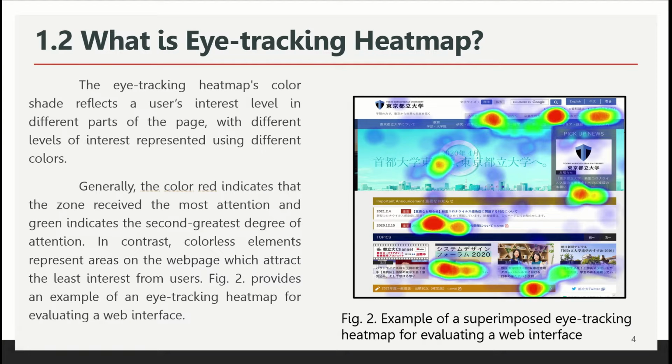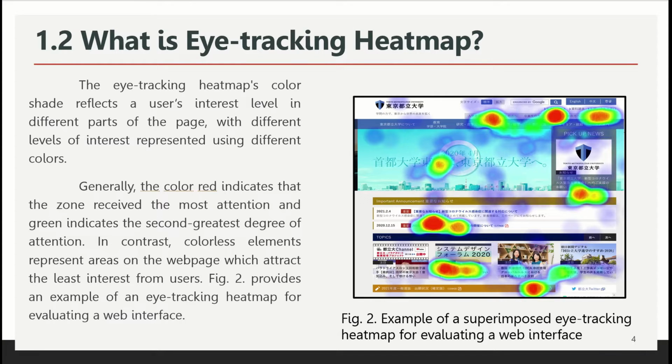The eye tracking heat map color shades reflect a user's interest level in different parts of the page, with different levels of interest represented by different colors. Generally, the color red indicates the area that receives the most attention, and green indicates the second greatest degree of attention.